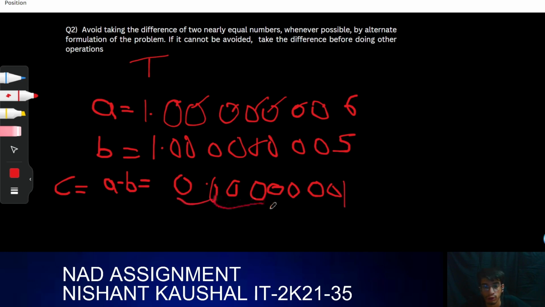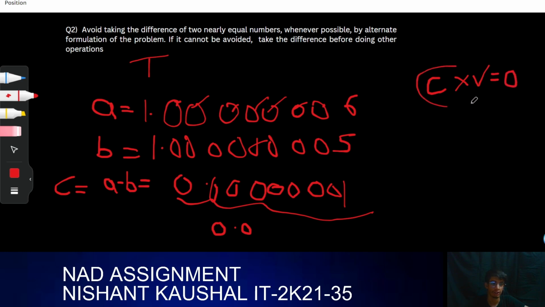It could also be considered as 0, sorry. So if we further use C in any other operation and by chance take the value 0, this will compute an error. So this answer should be true, that we should avoid taking the differences before doing any other operation. Got it?